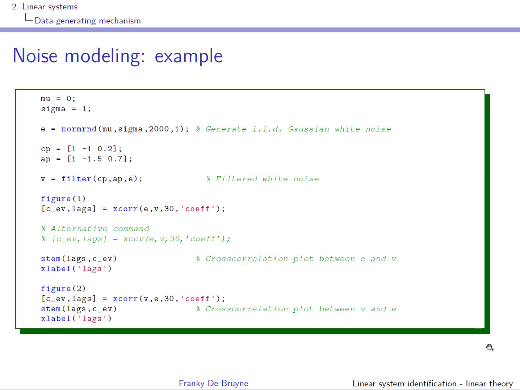In the previous examples we have looked at autocorrelation, so what we'll do now is look at cross-correlation. So we still have a white noise signal e of t. v is obtained by filtering e of t through this transfer function C over A. And then we have a look at the cross-correlation between e and v, and the cross-correlation between v and e.